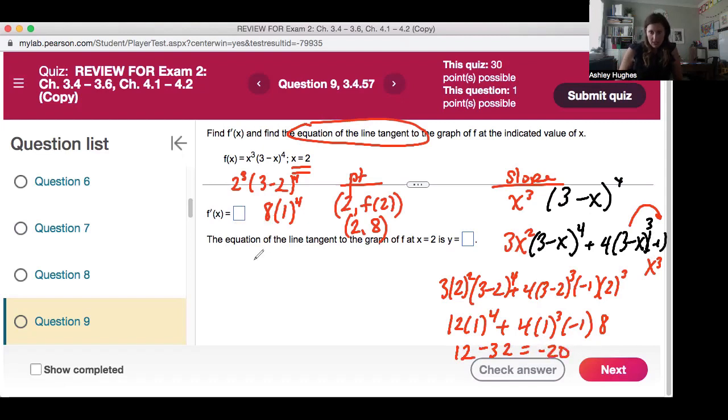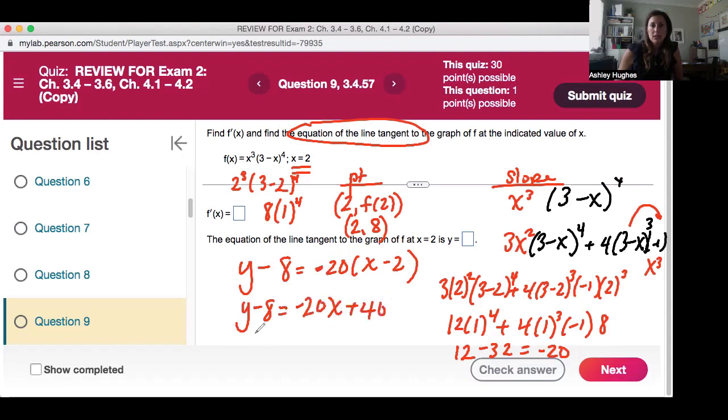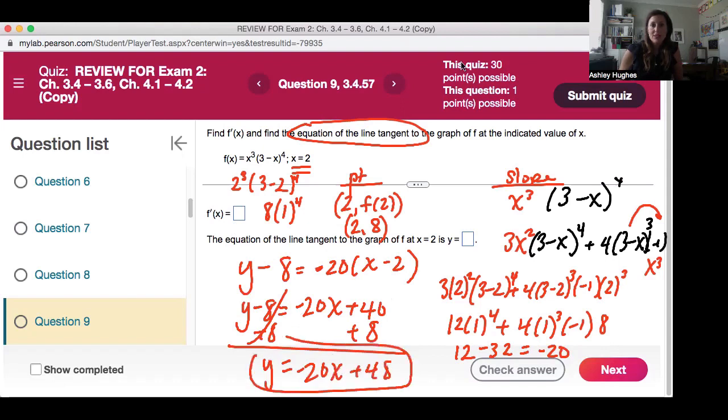Hopefully I did that right. Going fast today. So y minus the y coordinate, y minus 8 equals -20 times x minus 2. And then if you want to rearrange this to solve for y, you would just distribute this -20, so -20x plus 40, and add the 8 over. So y equals -20x plus 48. There you go.